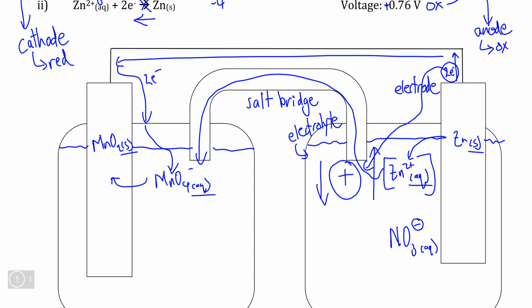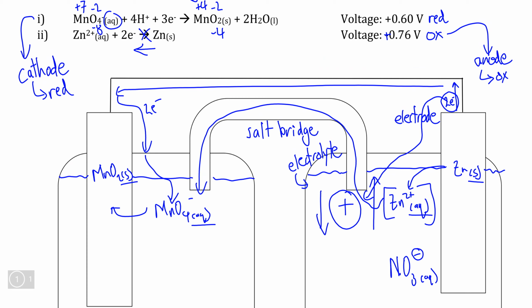Now, if we analyze the reduction reaction at the cathode, we will find the opposite problem is there, although it's a little bit hard to see, because as the reduction reaction happens, the concentration of the permanganate ion is going to be falling as it is consumed, which means you would expect that the amount of negative charge in the cathode is also going to decrease, but that's not looking at the overall reaction.